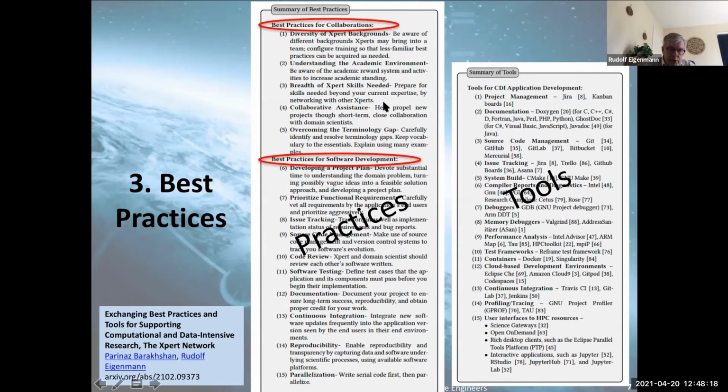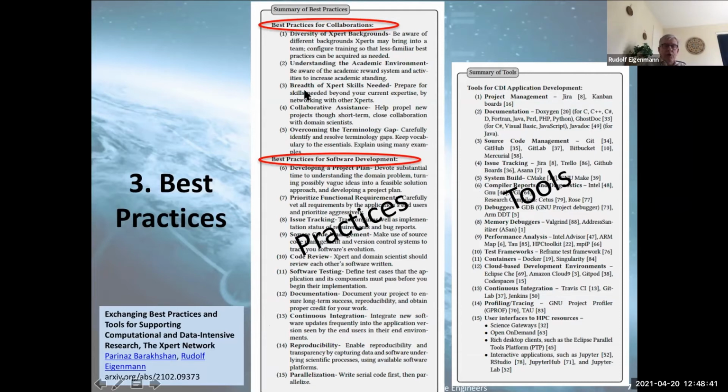Perinas Barakcan, who is also listening in to this presentation, is the lead author. She has put a lot of effort into reviewing all the videos and all the material that we have collected so far in the Xpert Network activities, and puts together a paper that talks about these best practices and also the associated tools.